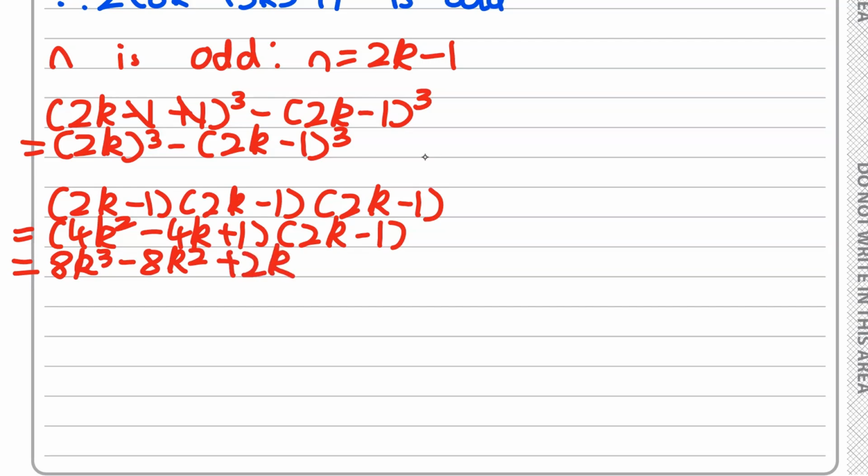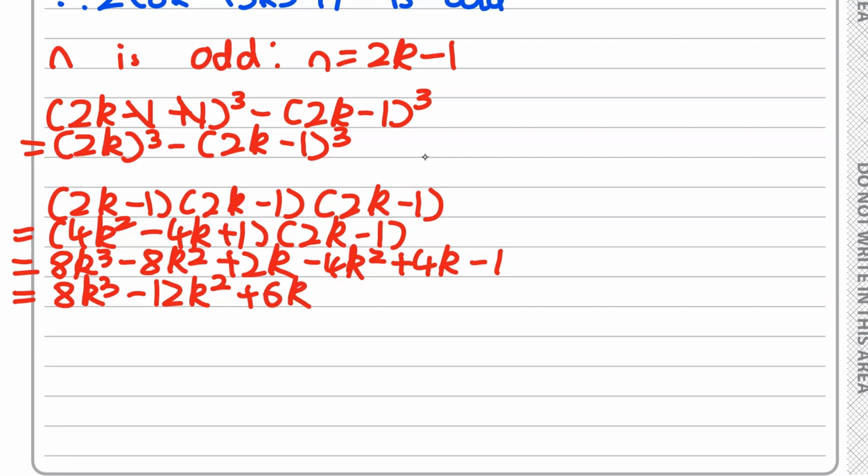And then if we multiply it by this minus 1, it's going to be minus 4k squared plus 4k minus 1. And then we can simplify this, because we have 8k cubed, we have minus 8k squared minus 4k squared, which is equal to minus 12k squared, and then 2k plus 4k is 6k, and then we have this minus 1 on the end.